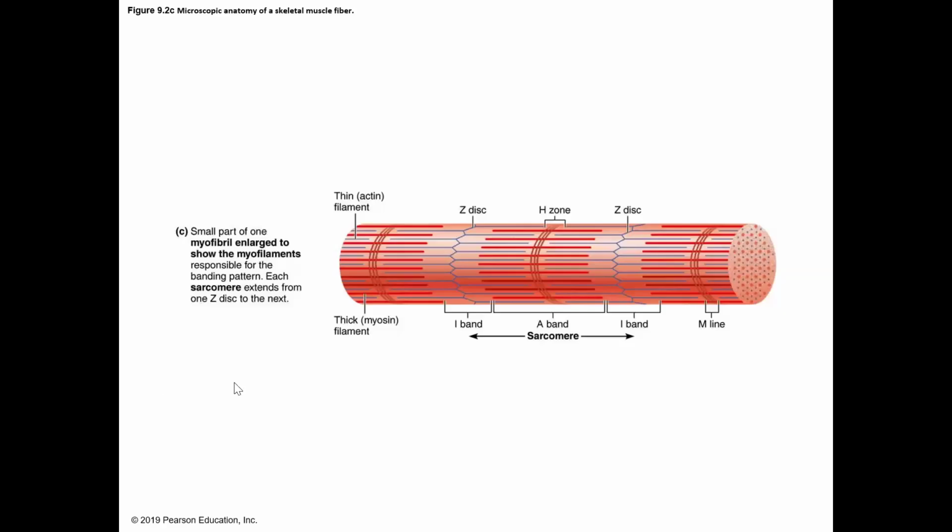Okay, going back to what causes these striations, it's the proteins, the myofilaments. So the thick one is called myosin, and there's a thin one in blue called actin. If they overlap, it's going to look darker. If you only see the actin, it's going to look lighter. So that gives us the I band.